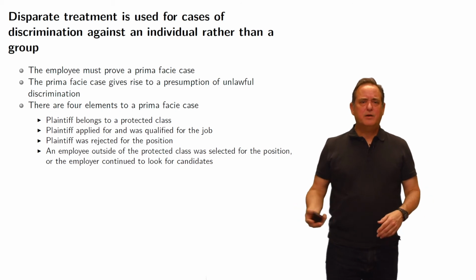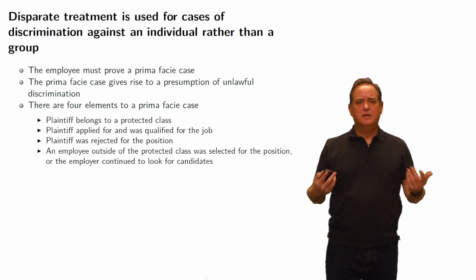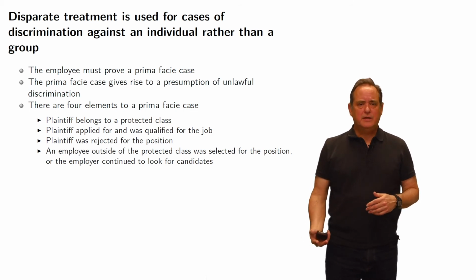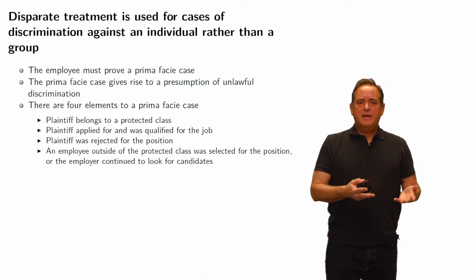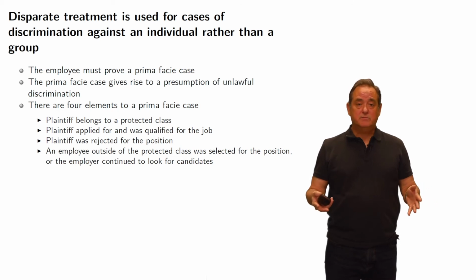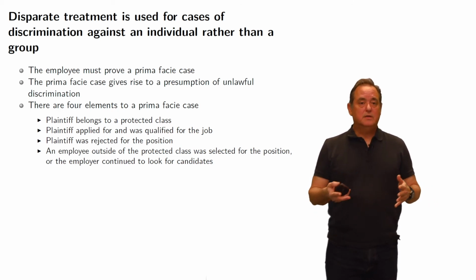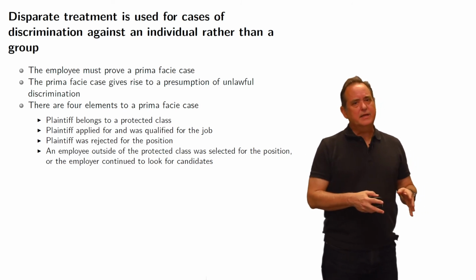If I have a man and a woman applying for the job, they're both qualified for the job, I choose the woman instead of the man, now the man has the ability to prove a prima facie claim. It must have been discrimination. You chose a woman. It doesn't mean that the plaintiff wins. The plaintiff doesn't automatically win.